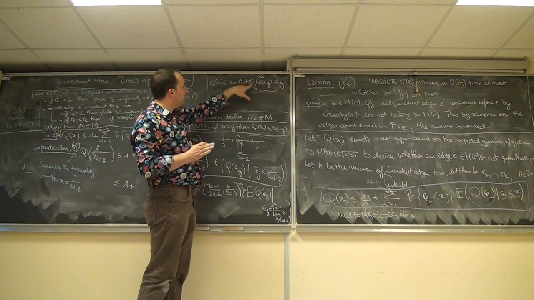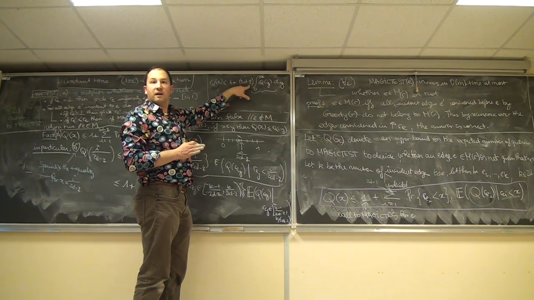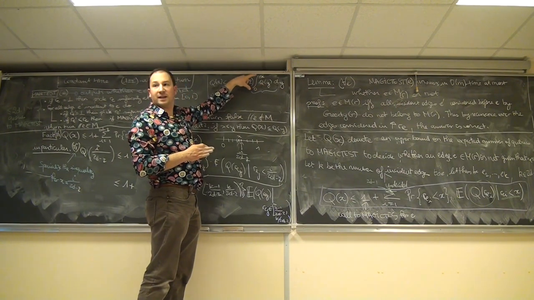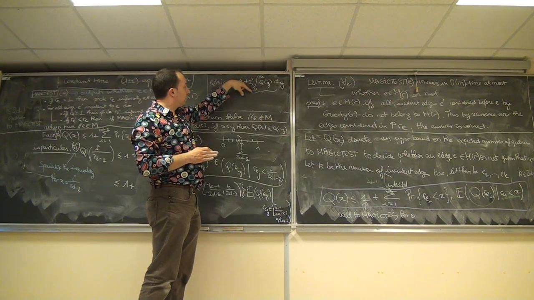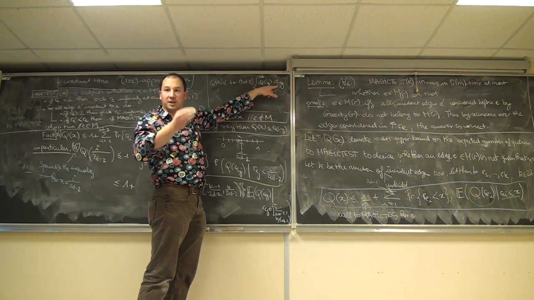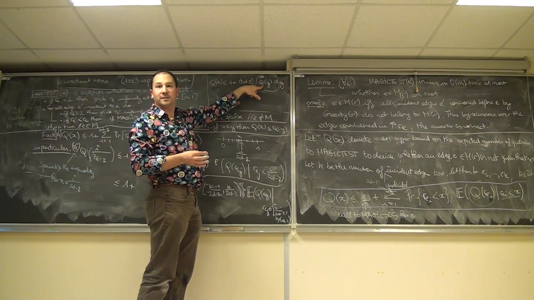For each of the incident edges, there are 2d minus 1. The probability that their edge is between 0 and x is the integral from 0 to x of dy. And for each y, you will do Q of y requests.